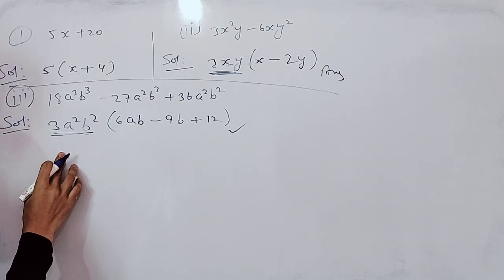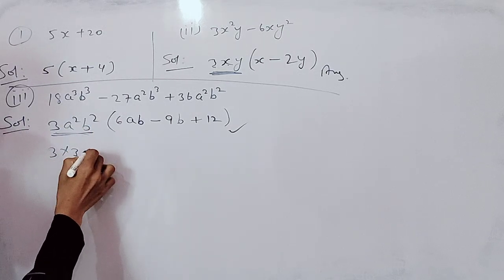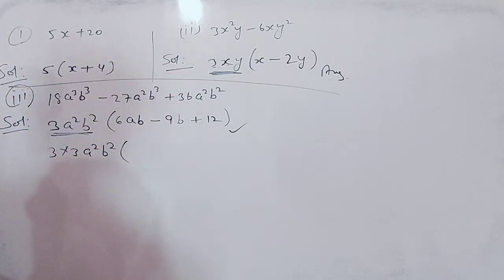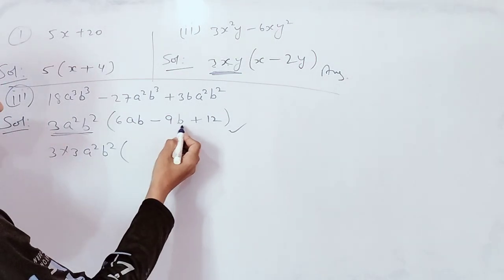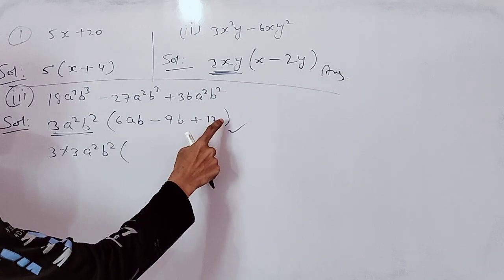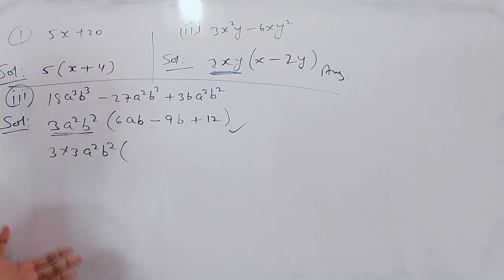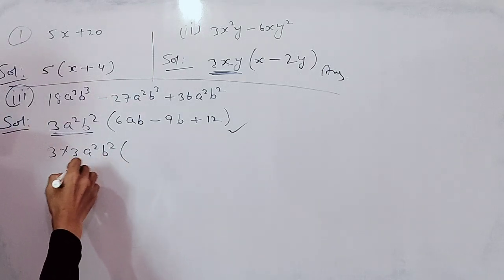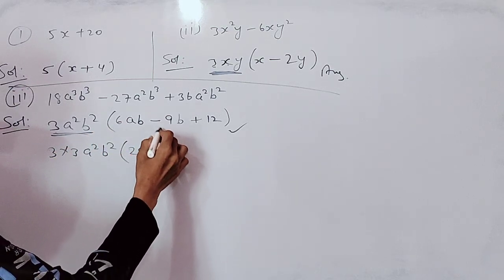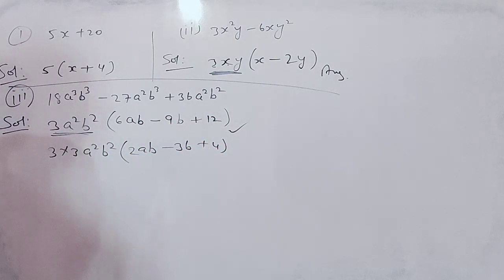So here 3 multiple 3 A square B square, isn't it? Yes, because here is not A, here is not B, so we cannot take any variable as a common again. Now here 3 2 is 6, minus 3 3 is 9, plus 3 4 is 12.